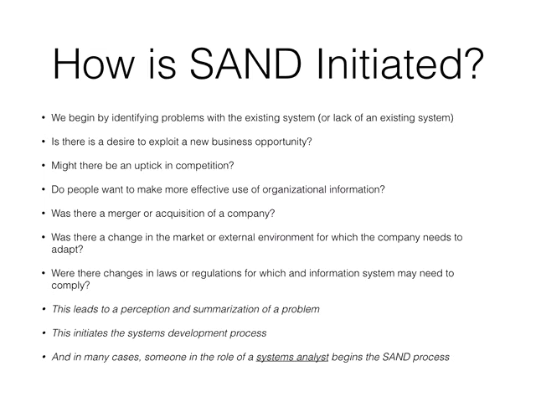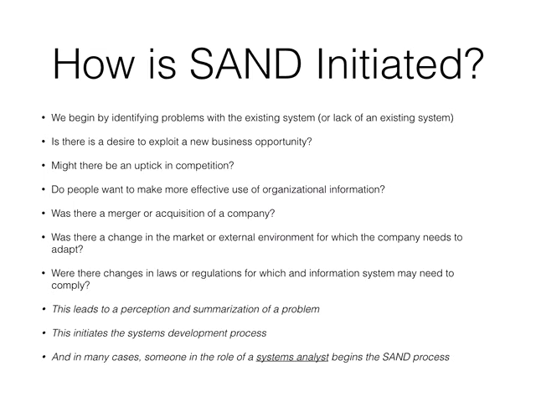So how is systems analysis and design initiated? Well, we begin by identifying problems with the existing system or lack of an existing system. We look at whether or not there's a desire to exploit a new business opportunity. We check to see whether there might be an uptick in competition. We also investigate whether people might want to make more effective use of organizational information.